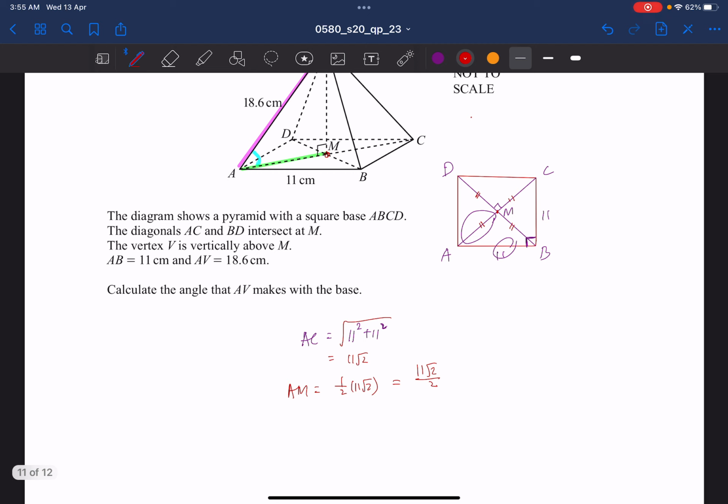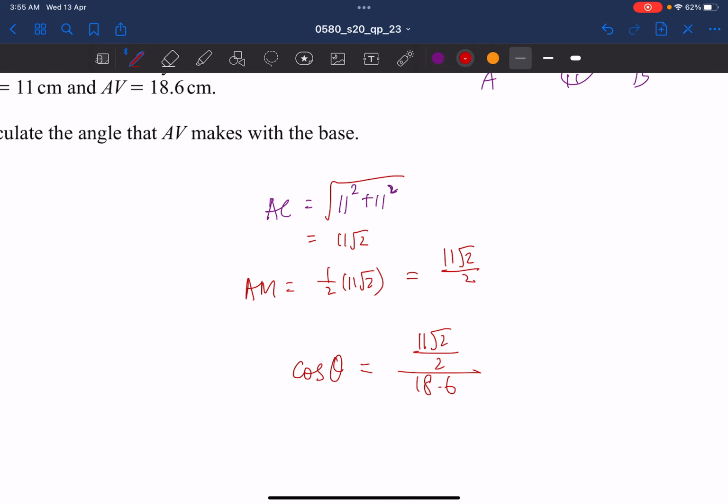So the angle, let's say this is theta, cosine theta will be 11 square root 2 over 2 over 18.6. So theta will be arc cosine of 11 square root 2 over 2, over 18.6.